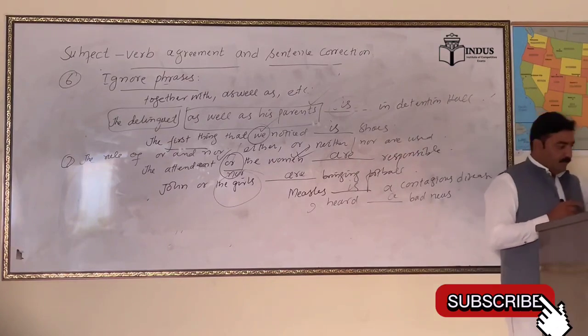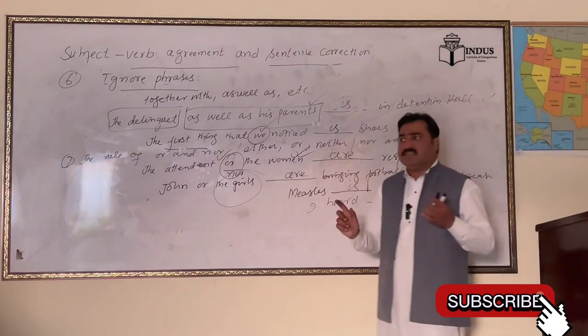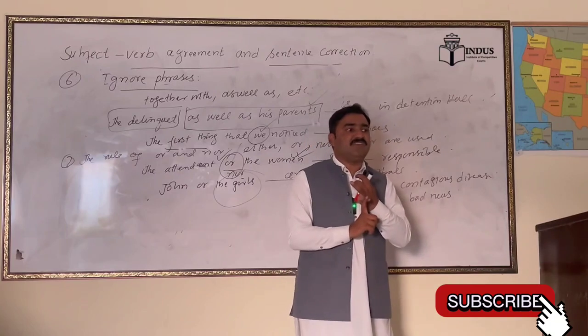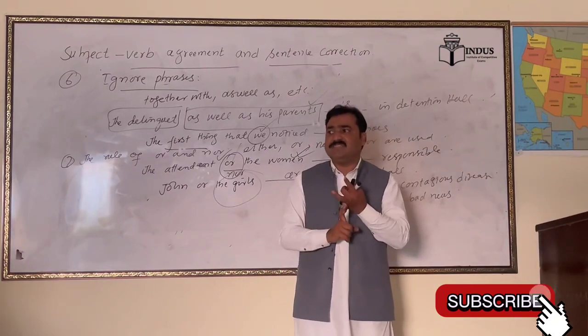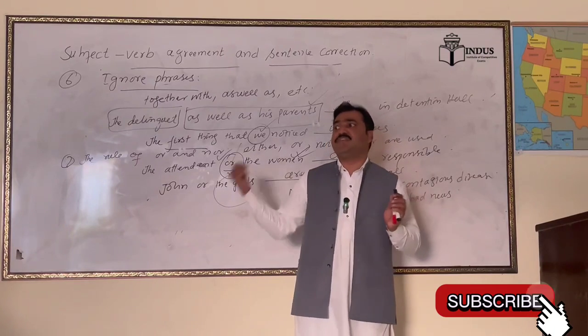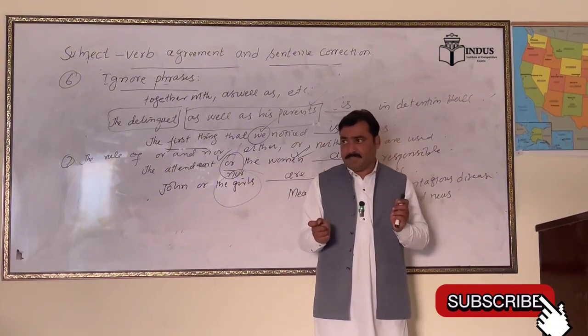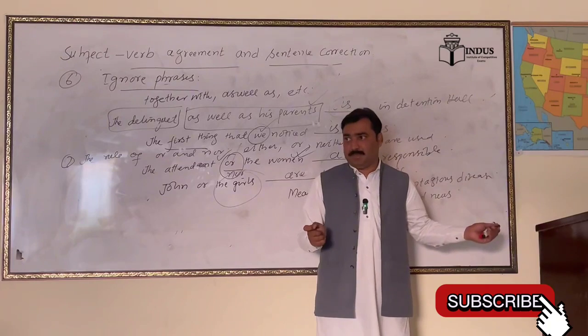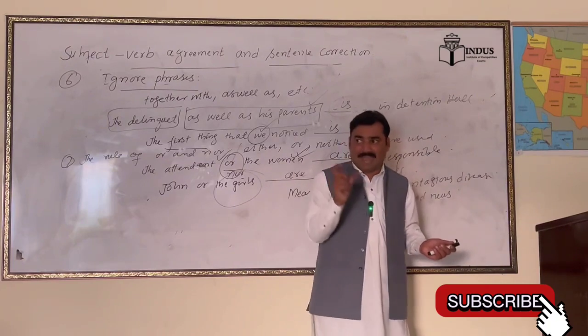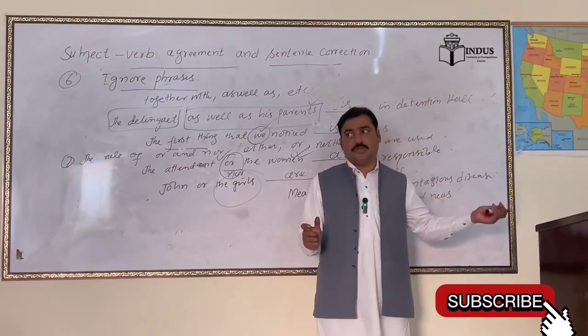Okay. Now there is the last rule, and that is: always treat the titles of books, of articles, and any title, as singular. I say, The Four Pavilions is a great book. Pavilions is plural, but as it is the name of the title, treat it as a singular one.